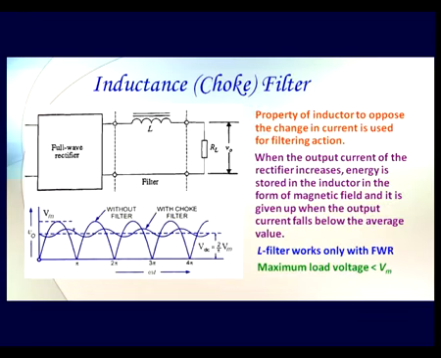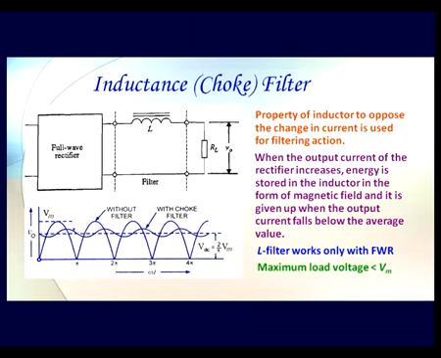We can also use inductance or the choke as a filter, where the property of the inductor to oppose the change in the current is used for our filtering action. In this case, when the output current of the rectifier is increased, the energy is stored in the inductor in the form of magnetic field, and then it gives out that current when the current at the load falls below the average value.